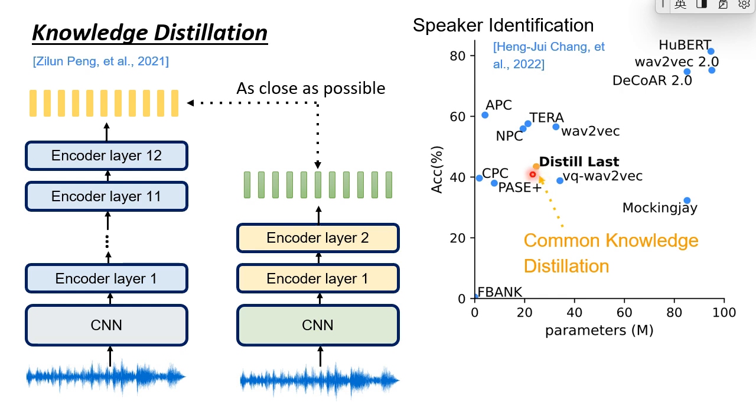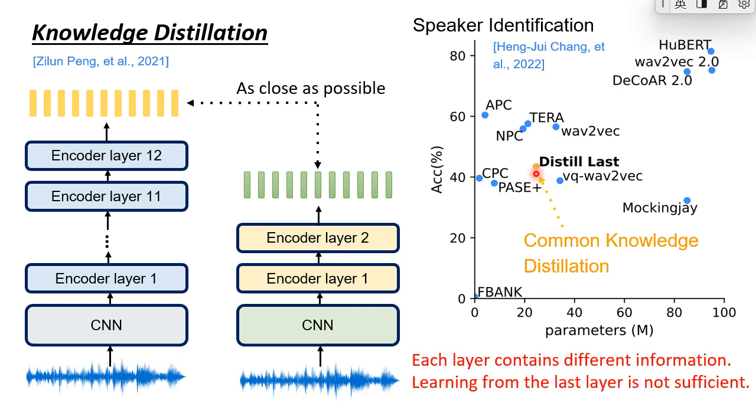We found that if we compare the performance of the original HuBERT and the smaller HuBERT, the performance degrades seriously. This is because each layer in the self-supervised model contains different information. Learning from only the last layer is not sufficient.